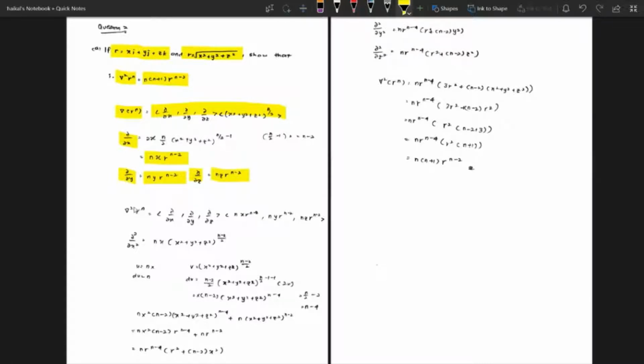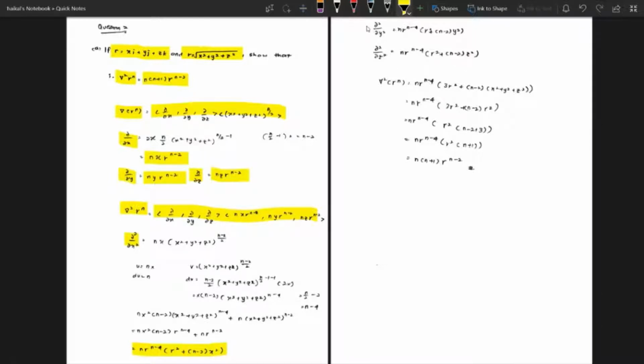So we find del square r to the power of n. We use dot product again, and then we differentiate again. We get for partial square over partial x square, n r to the power of n minus 4 (r square plus n minus 2 x square).